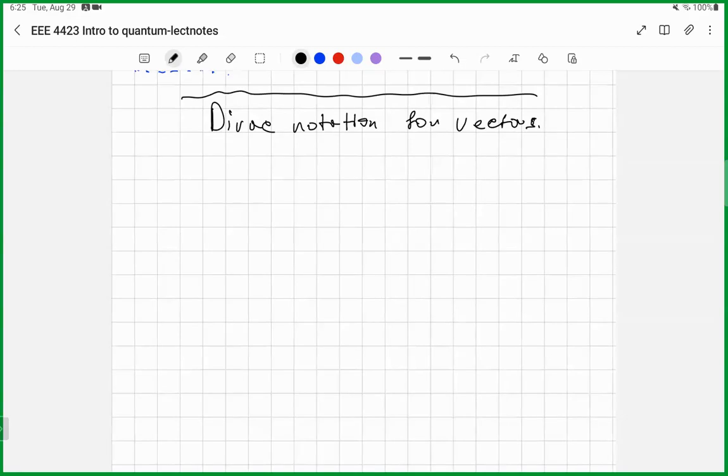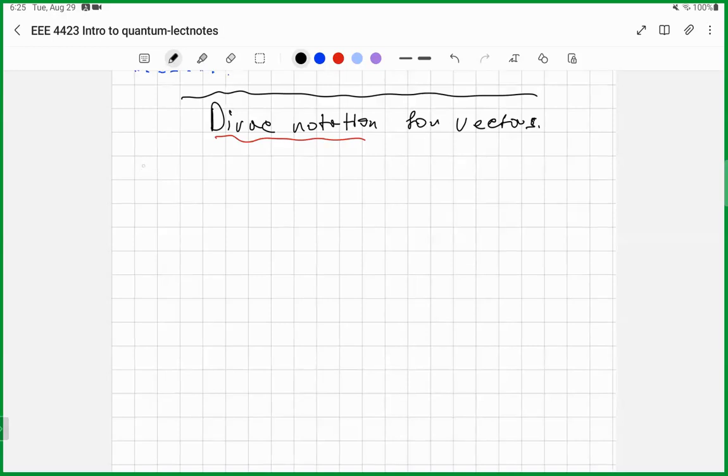So in the quantum realm, instead of denoting vectors by rows or by arrows on top, we use this Dirac notation of ket and bra vectors.